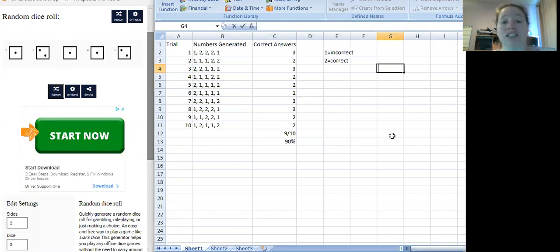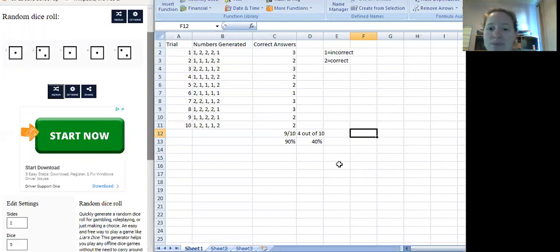And that's just barely above failing, and you only have a 4 out of 10, or a 40% chance of getting that. Which is 40%.